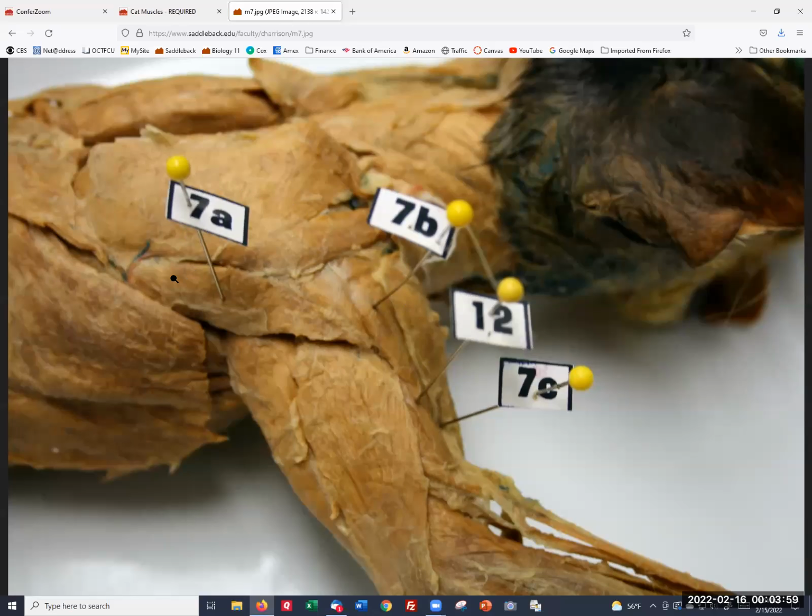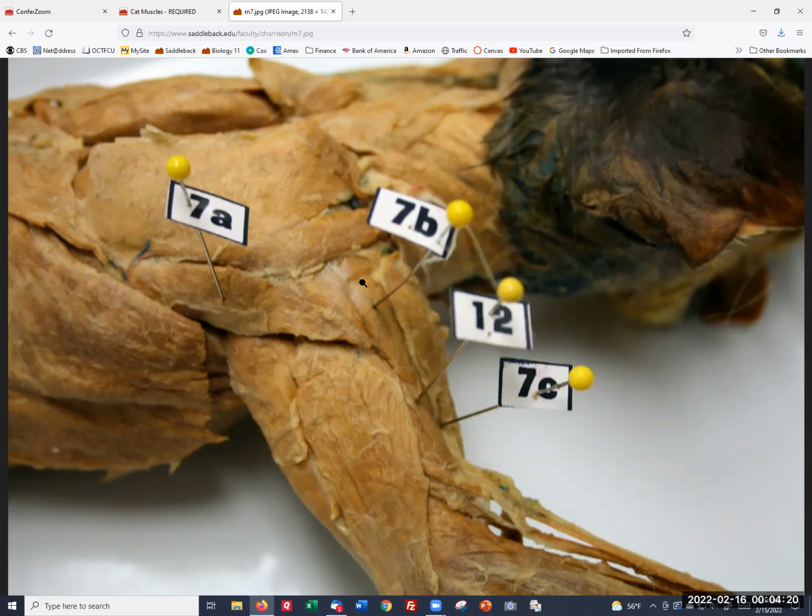The deltoid is this one running underneath, diagonally on top of the triceps. Okay, this is the spinodeltoid at the rounded part of the shoulder.